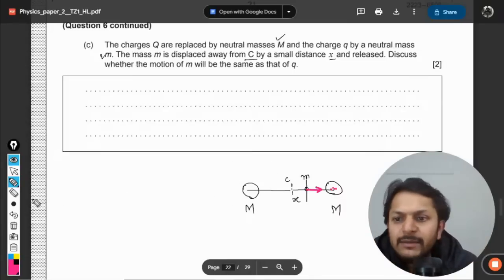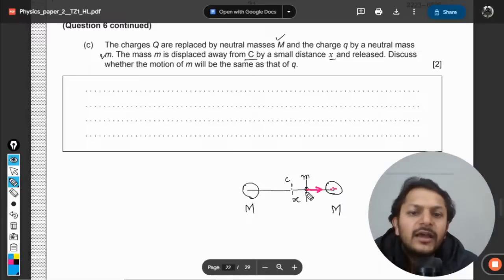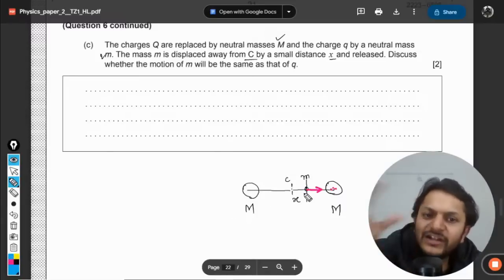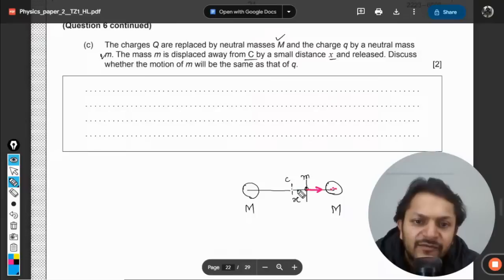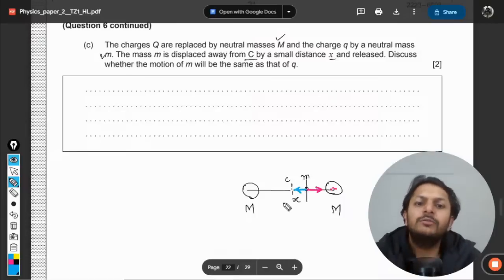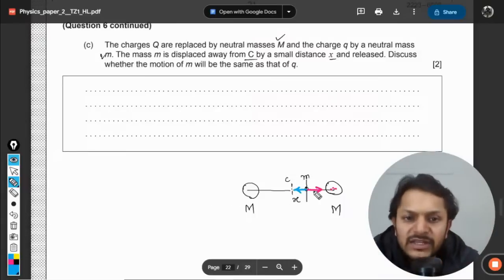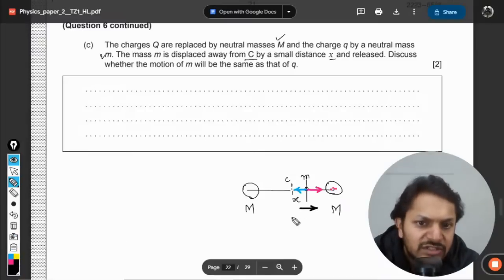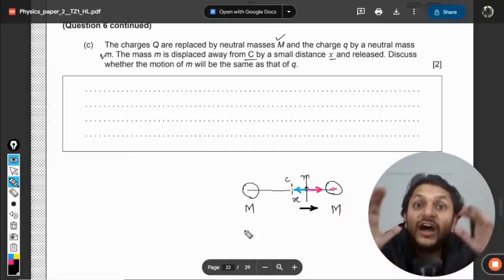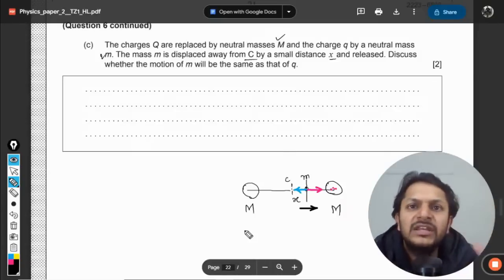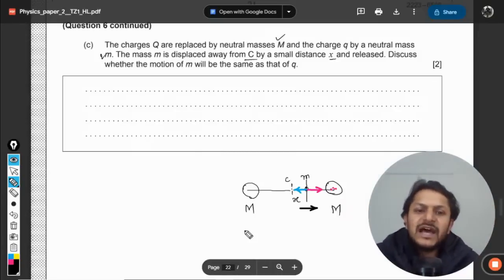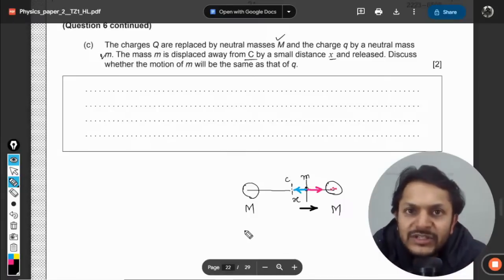This other capital M will also be applying an attractive force on the small m, but that will be lesser in magnitude because the distance is bigger. It means that the net force on the mass small m is towards the right hand side, which is away from the mean position, which only means that this is not going to be simple harmonic motion.